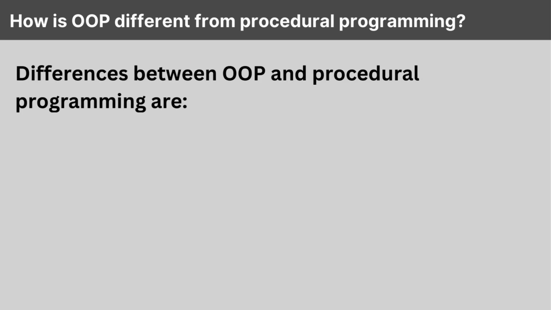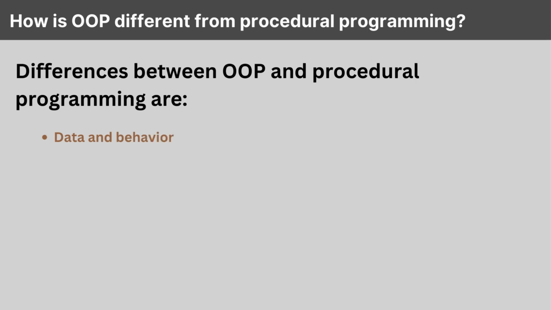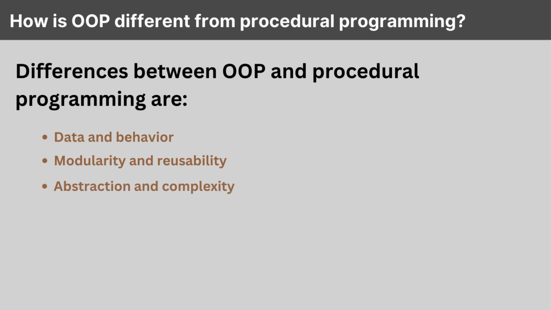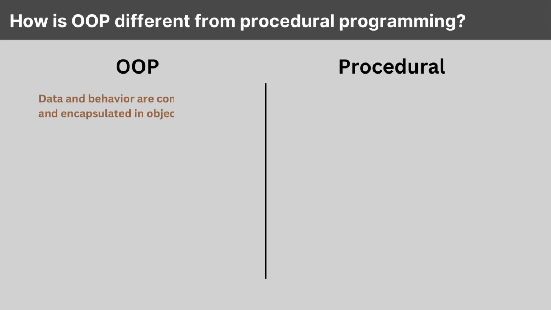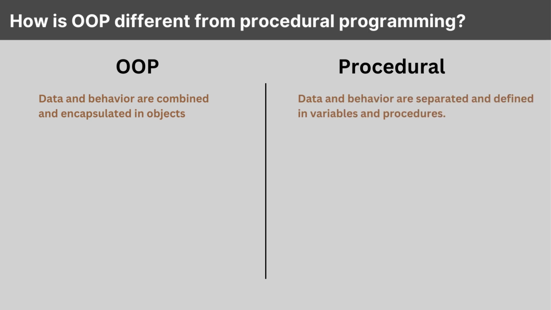Now, some of the differences between object oriented programming and procedural programming are data and behavior, modularity and reusability, abstraction and complexity, flexibility and maintainability. So, in OOP, data and behavior are combined and encapsulated in objects, whereas in procedural programming, data and behavior are separated and defined in variables and procedures.